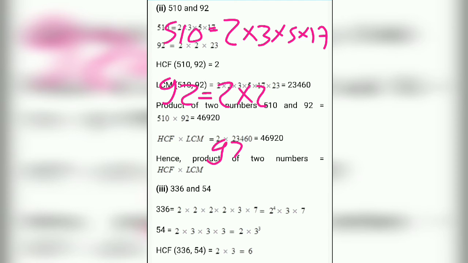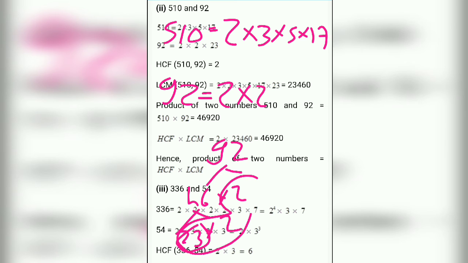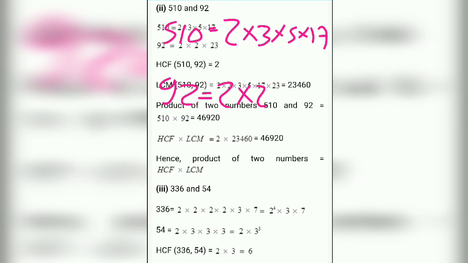If you think about 92, then 46 twos, here 23 twos. Okay, and these are the prime numbers. 23 itself is a prime number, so we can write here 2 times 23. Okay, 2 times 2 times 23 is 92.